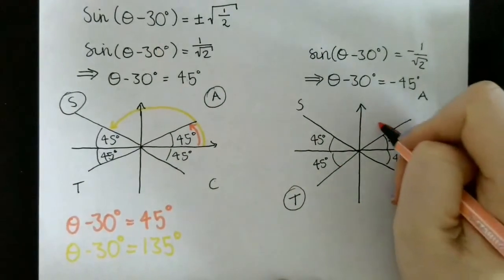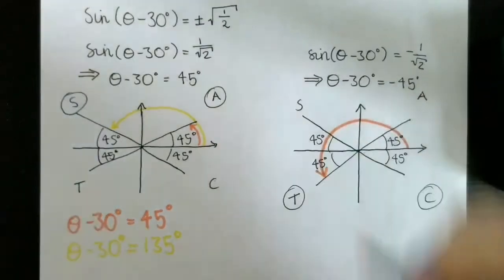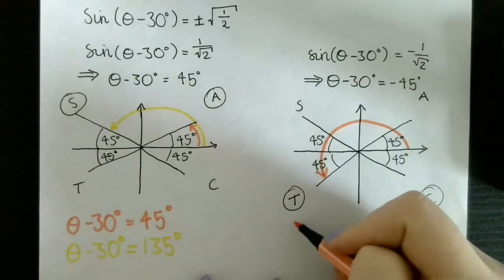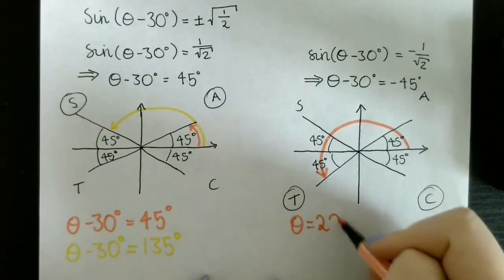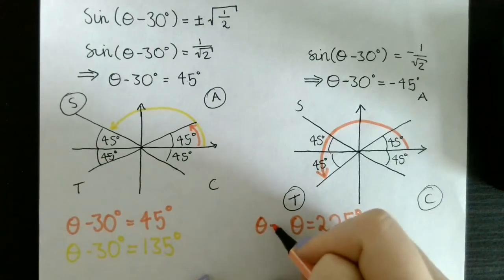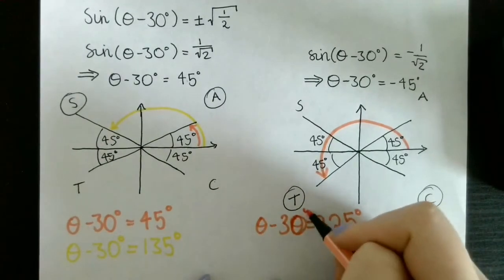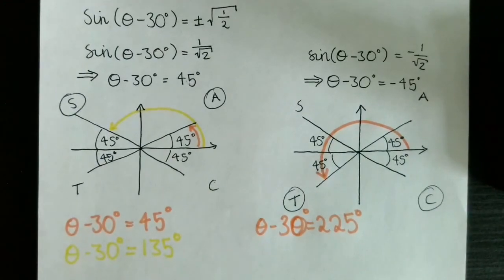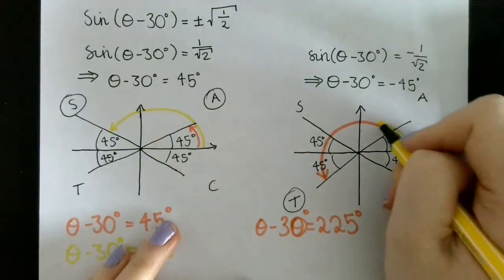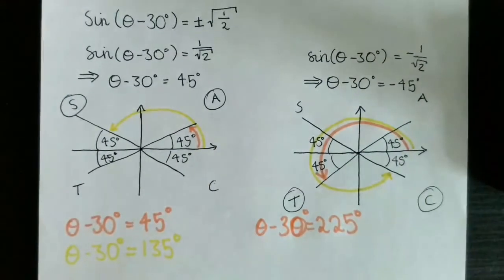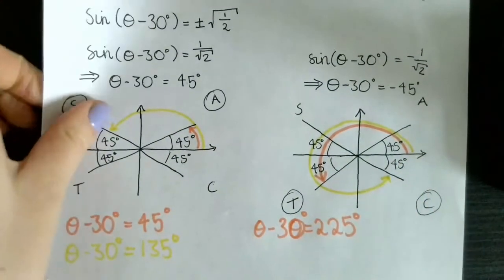So our first angle is going to be 180 plus 45, which is 225. Sorry, that should say theta minus 30. Let's pretend that's a 30. And then our second angle is going to be the one in the quadrant on the bottom right.